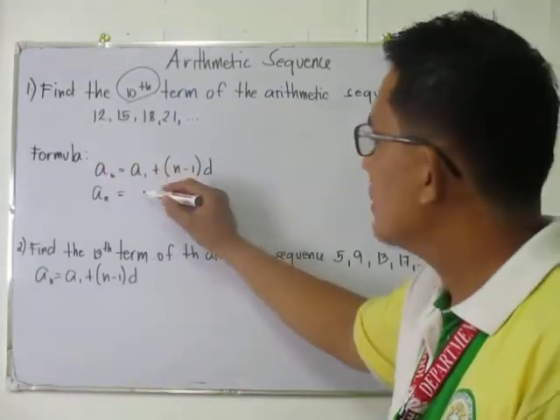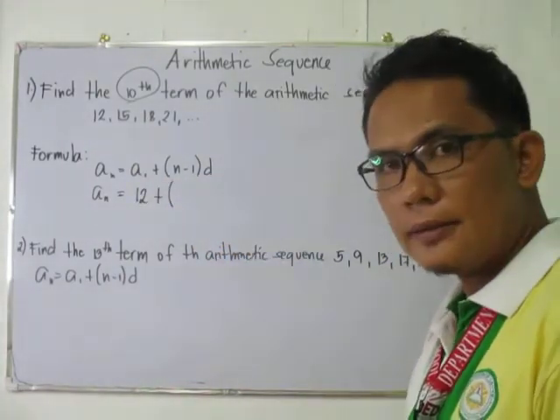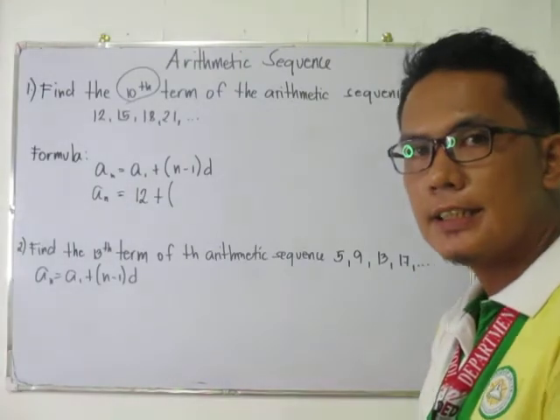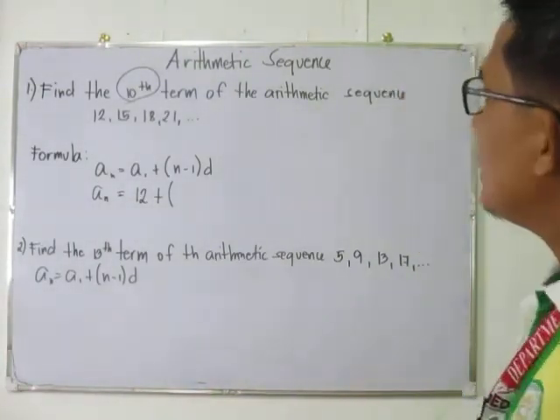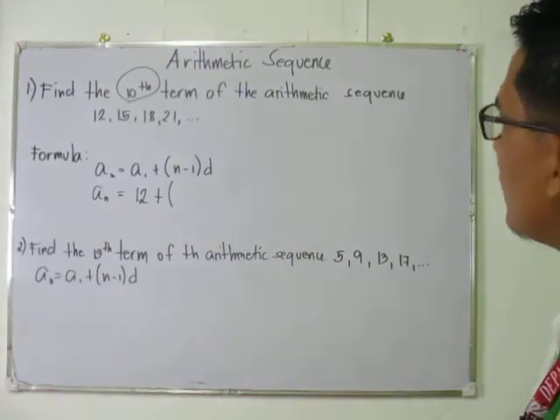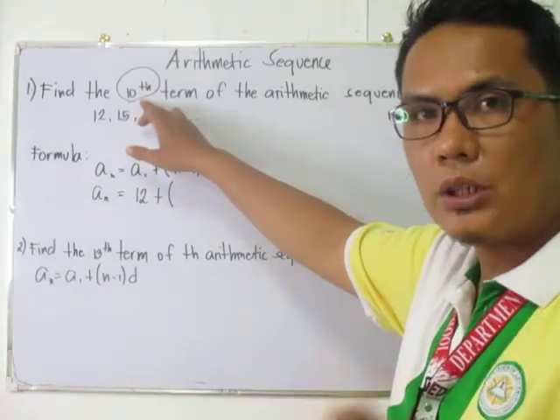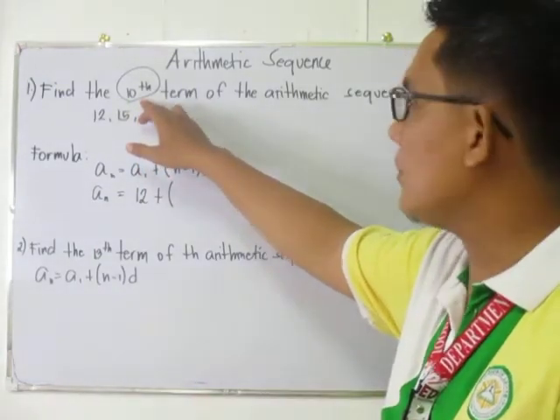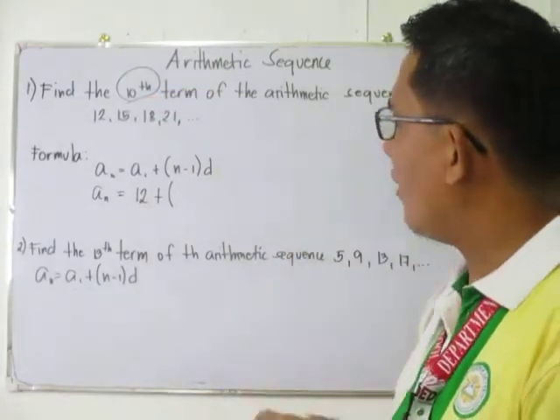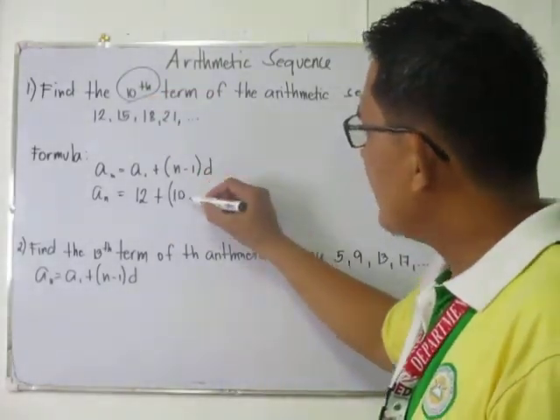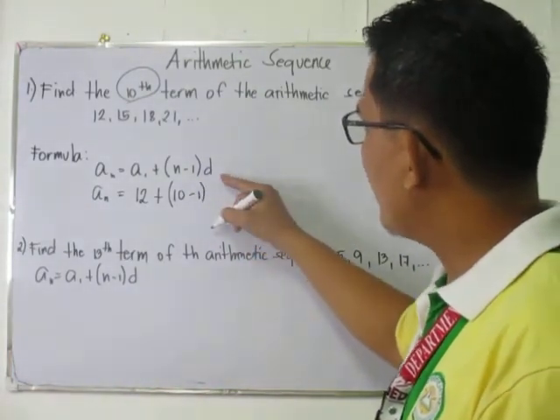N is the number of terms in a sequence, and since we are identifying the 10th term, there are 10 terms in the sequence. So our n is 10, minus 1 times the common difference.